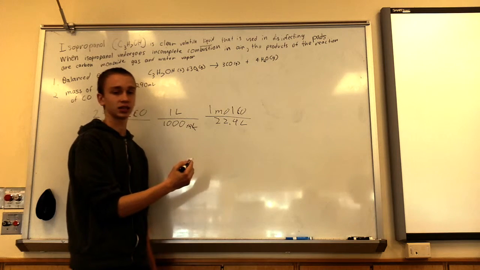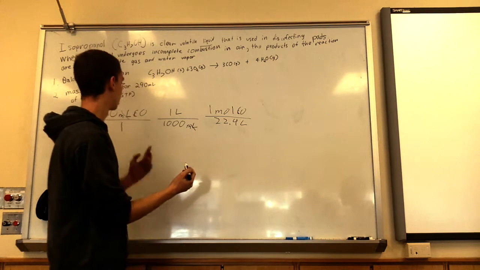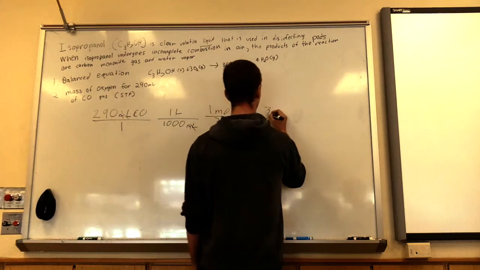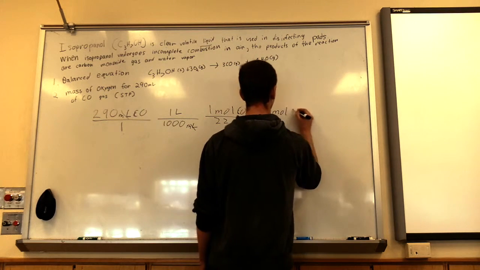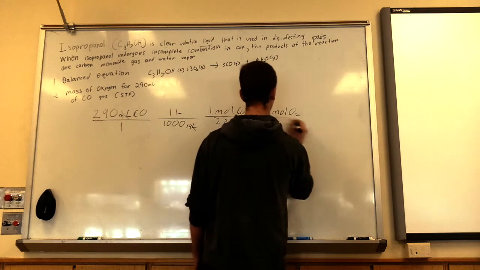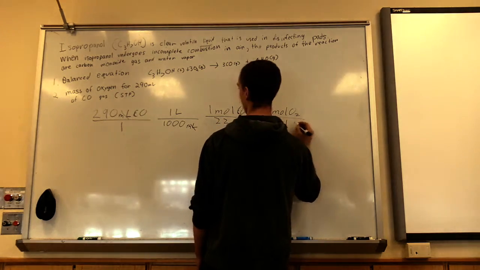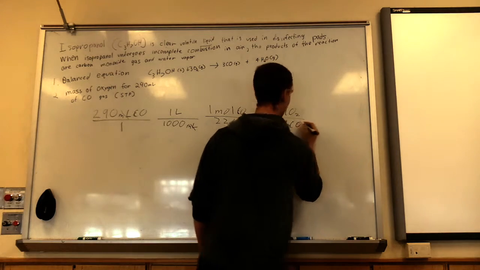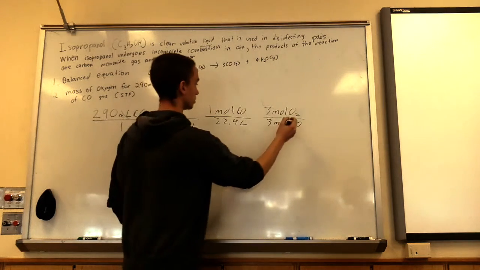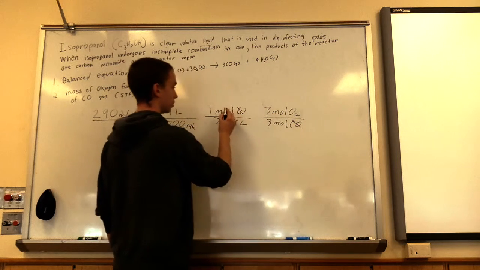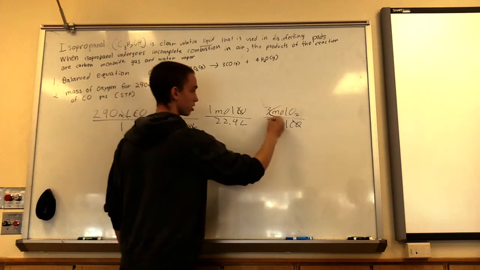So now I need to get this from moles of CO to moles of oxygen. So I'm going to have 3 moles of O2 is equal to 3 moles of CO. Okay, so now the CO and CO cancel, so I am left with moles of oxygen.